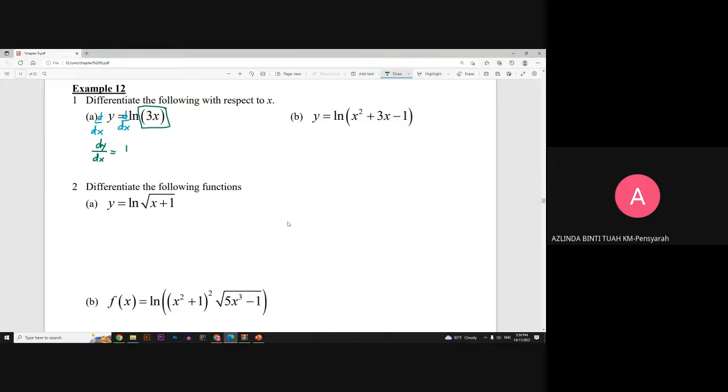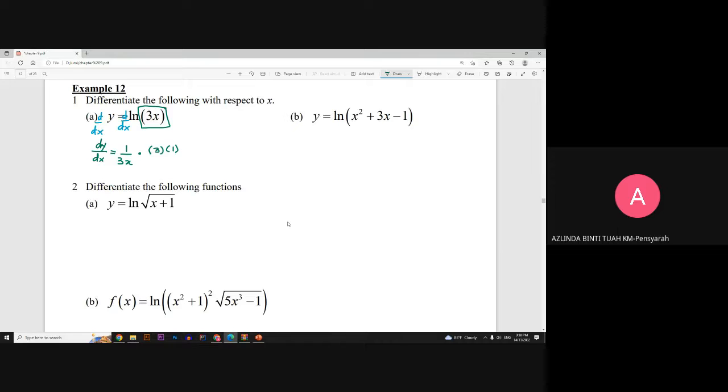Okay, so 1/, yang ni kita akan fokus. Ambil 1/3x. First step. Second step, differentiate bawah. Okay, so differentiate yang 3 ni tidak akan affected. Okay, kita akan differentiate x. Always remember differentiate x adalah 1.